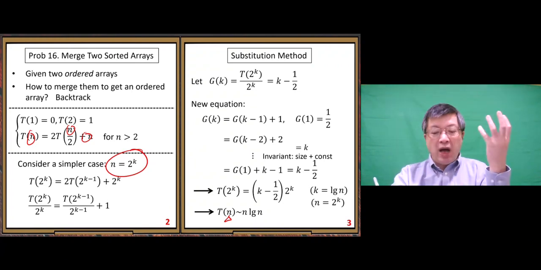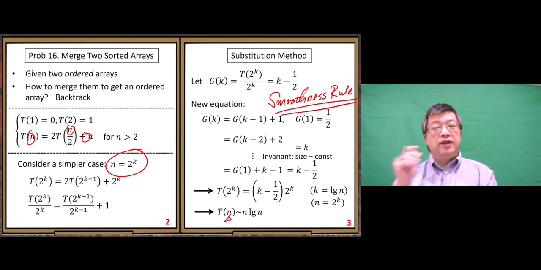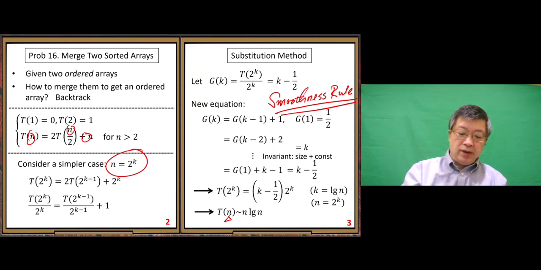Because we want to apply that smoothness rule. In the next video, we will do it. It is a good way to find the general solution. All right, so let's complete this video G.2 first.